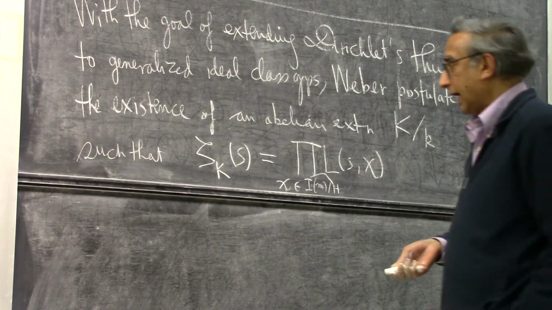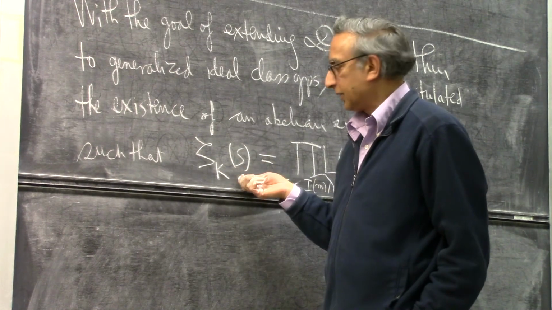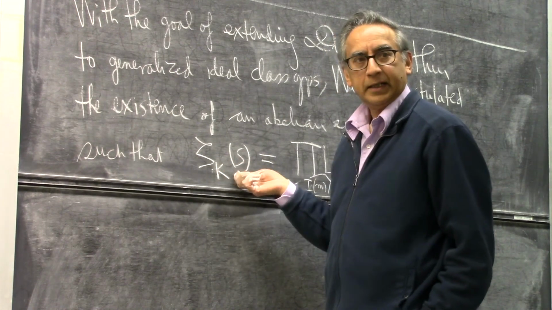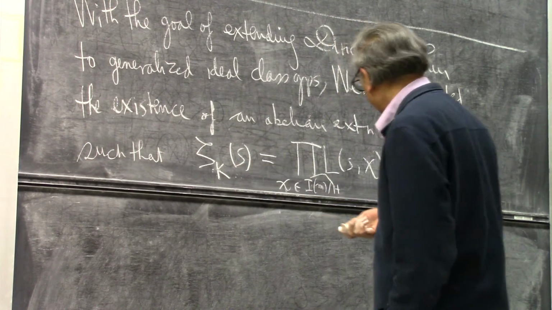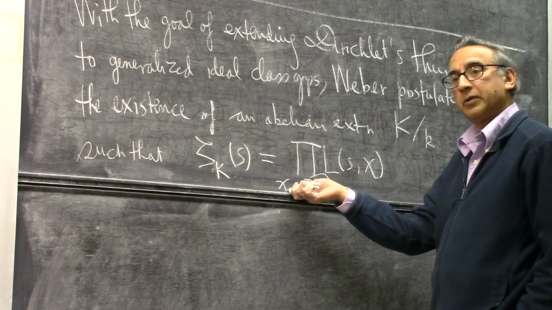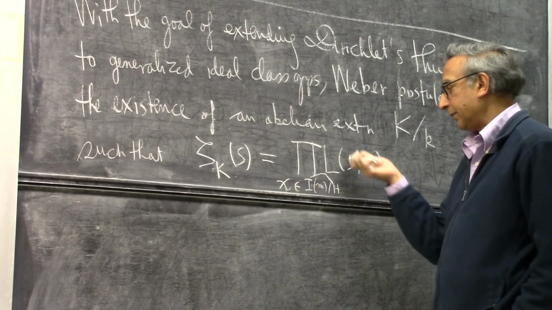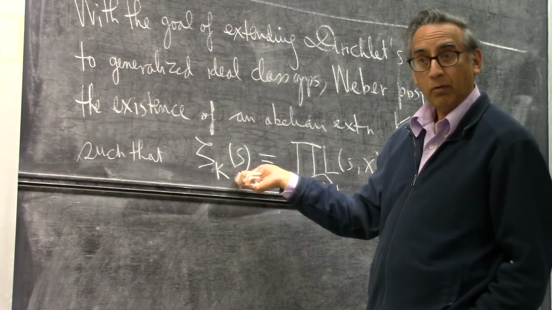So something like this. And then using the non-negativity of the coefficients here and using the fact that the Dedekind zeta function doesn't vanish on the line at s equals 1, you can now see that if L(1, chi) were 0, it would cancel the pole coming from the trivial character, and then you would get some finite number here. But at s equals 1, this has a pole, therefore there's a contradiction.